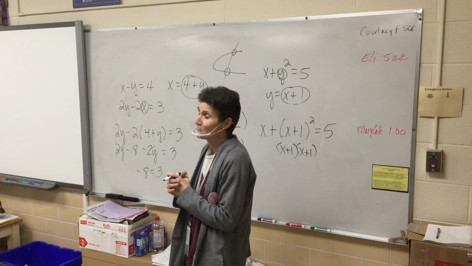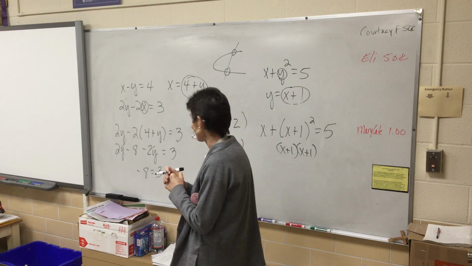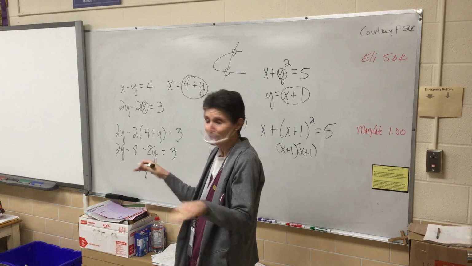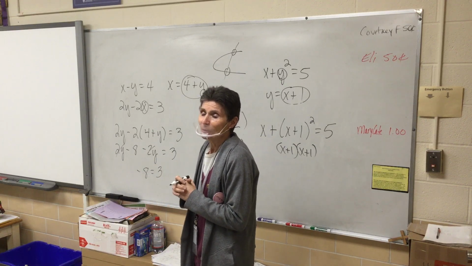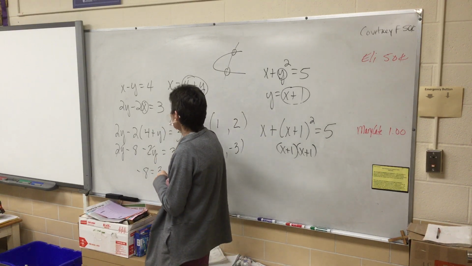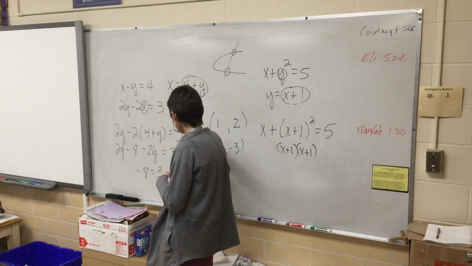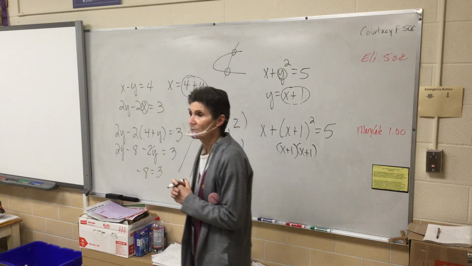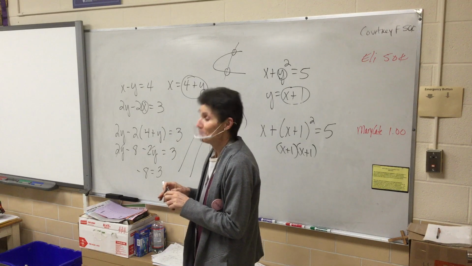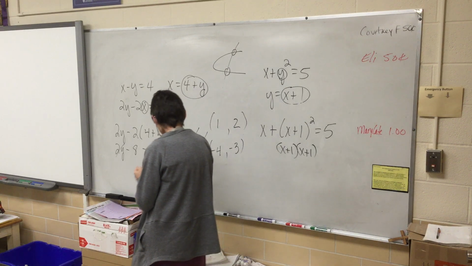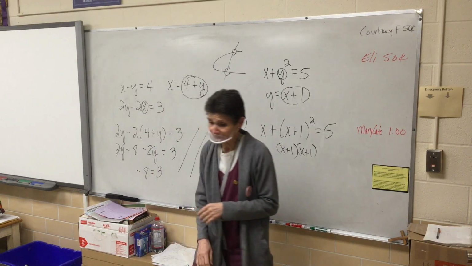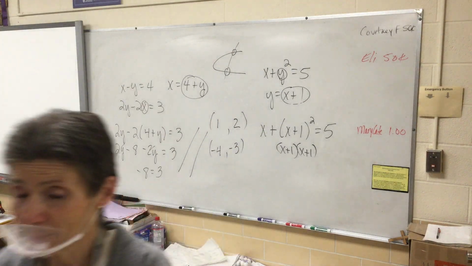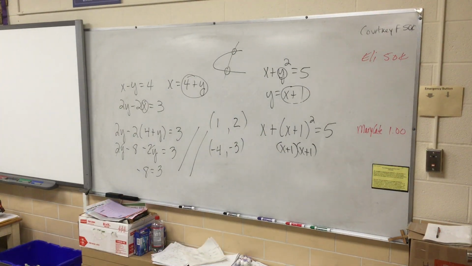Even in some of your math, -8 does not equal 3, right? No, no, no, no, no. What does that mean is happening? That means we have two lines and they don't cross each other. They're parallel. They are parallel.